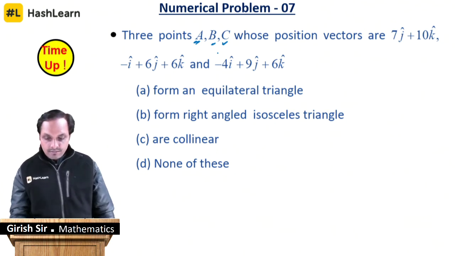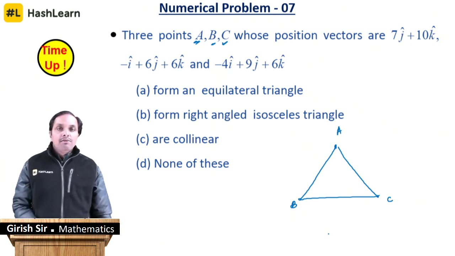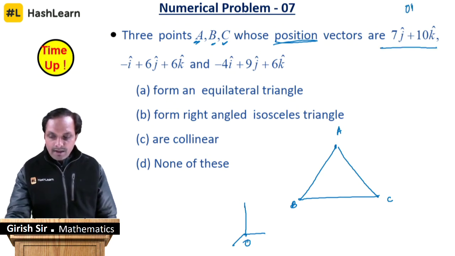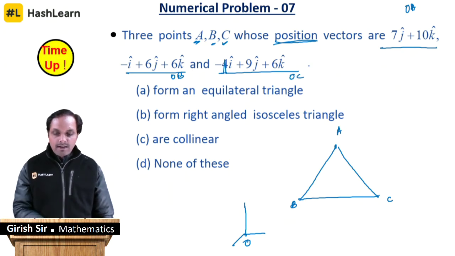So this is your point A, this is your point B, and this is your point C. See, when they give you the position, it will be with respect to origin. That is, this is your OA vector, this is your OB vector, and this is your OC vector.